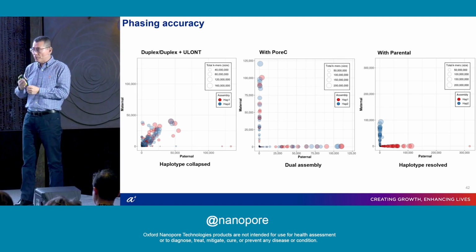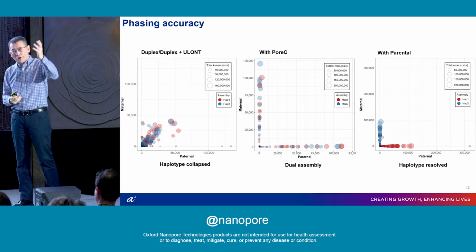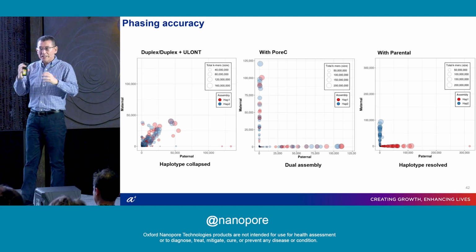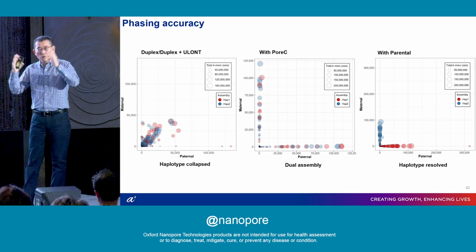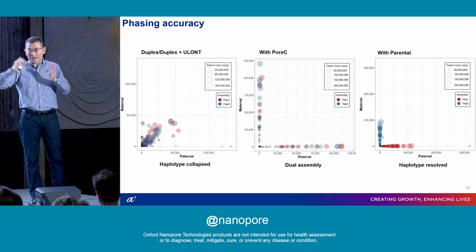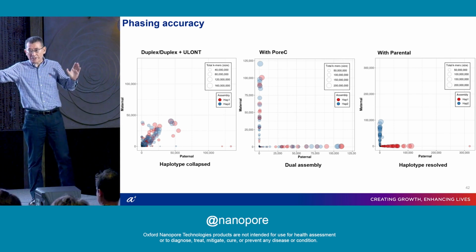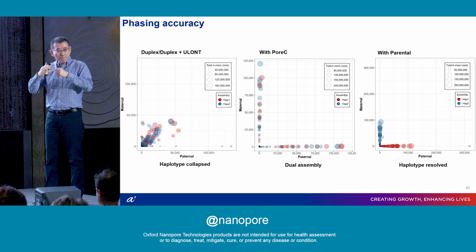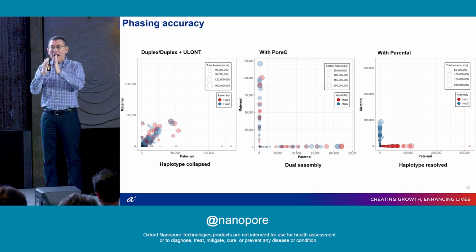Is your kmer coming from paternal or maternal? And you can see that most of these contigs are a mixture of reads coming from the two parents. And if you put in Pore-C long-range interaction information, then you'll be able to clean up this assembly. Then you have proper phasing of contigs.